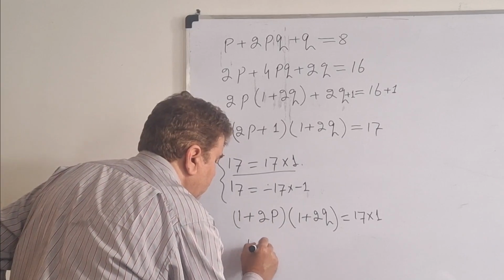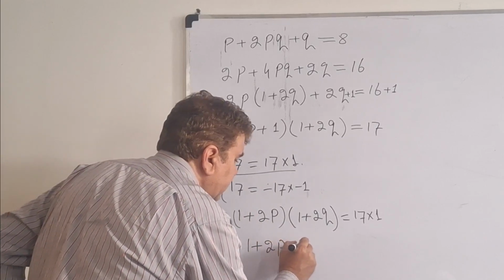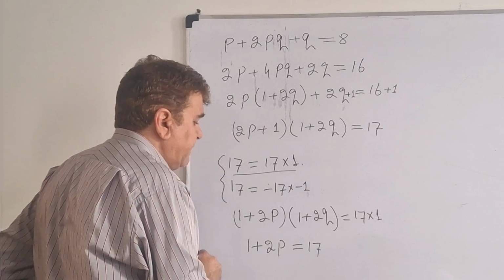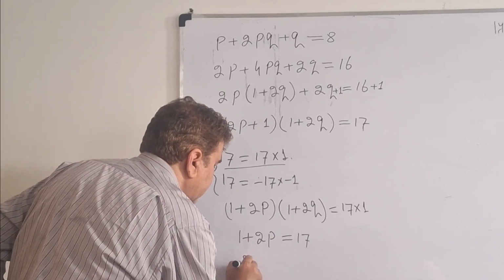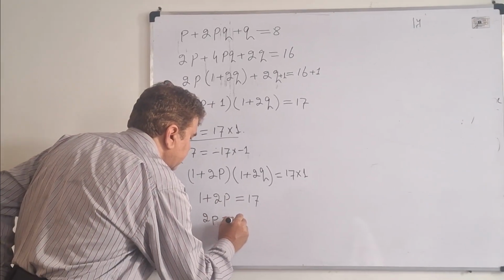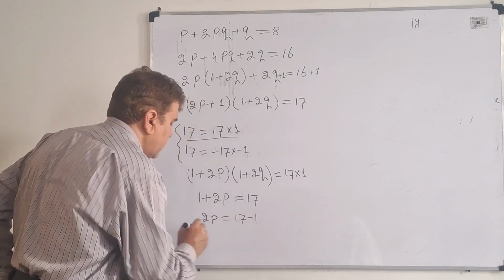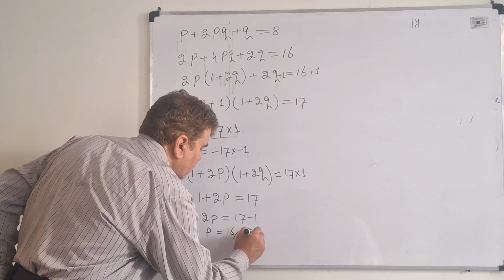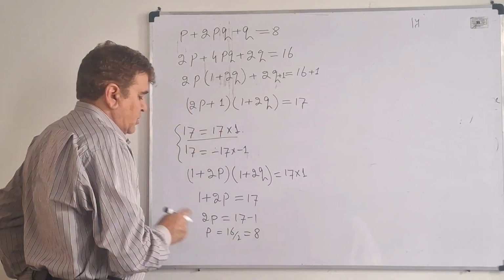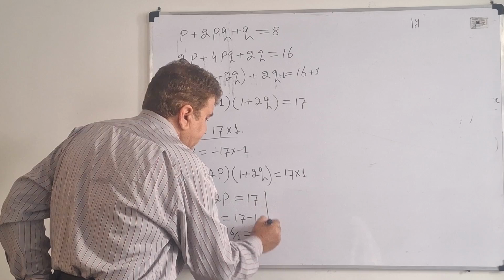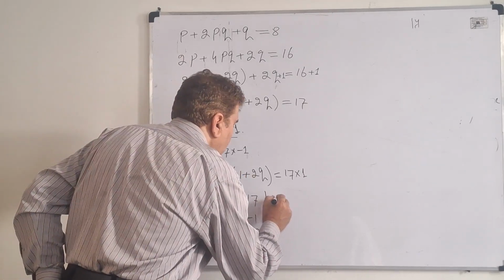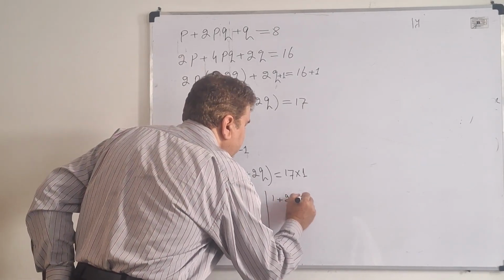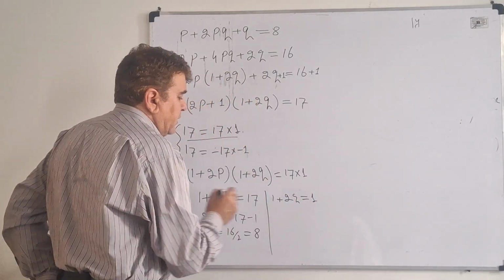So I can write 1 plus 2p equals 17, and this implies that 2p equals 17 minus 1, or p equals 16 divided by 2 equals 8. So p is equal to 8, and similarly I can say 1 plus 2q equals 1.